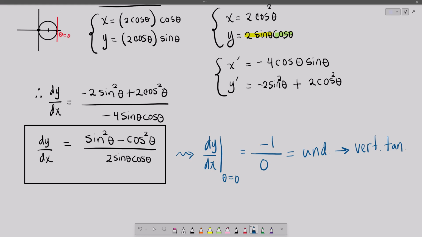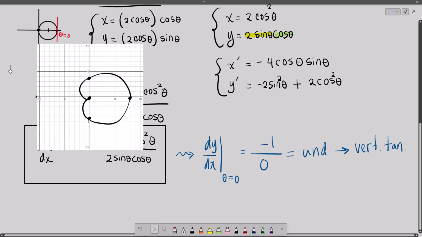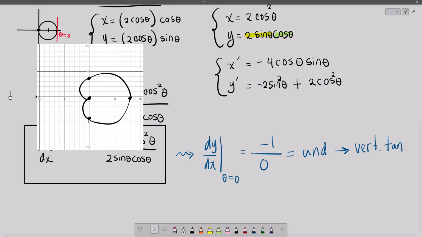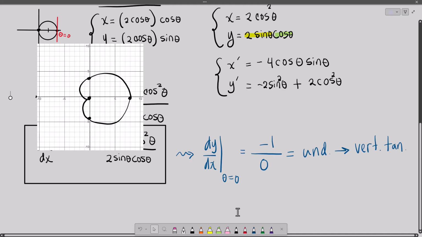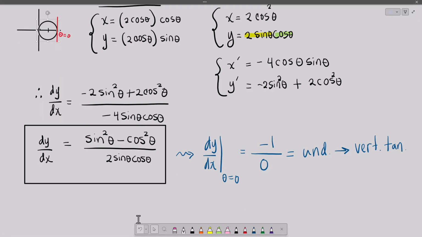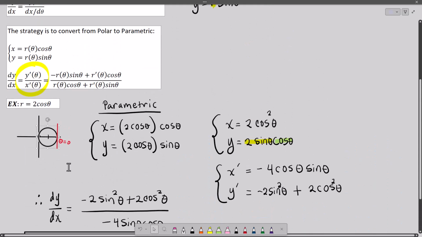Now theta equals pi over 2 is putting us here, so at pi over 2 we should also get a vertical tangent. And we don't know what the theta value is right there at the top. What would you suspect it might be?